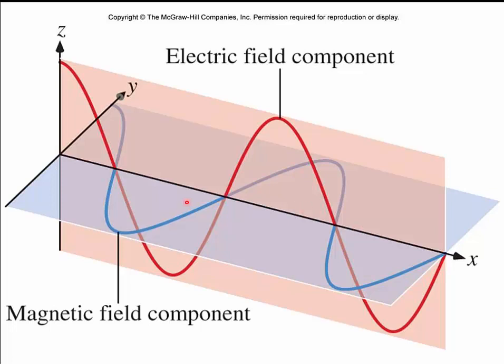So we have two components to our waves. One is an electrical or E field component, and the other is a magnetic field component. And if you know anything about electromagnetism, you know that those two things are interconnected, right? Maxwell's equations. If you've got a power generator, so you've got a source of electricity, you're basically spinning a magnet at a power plant.